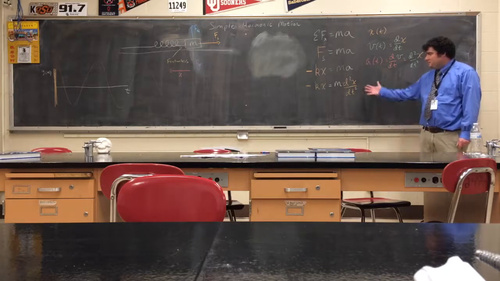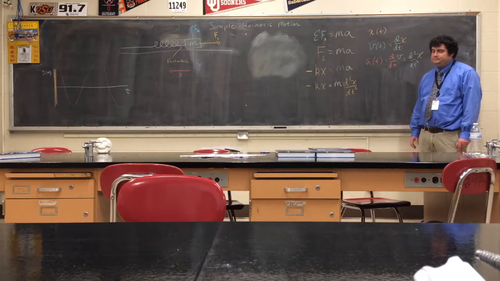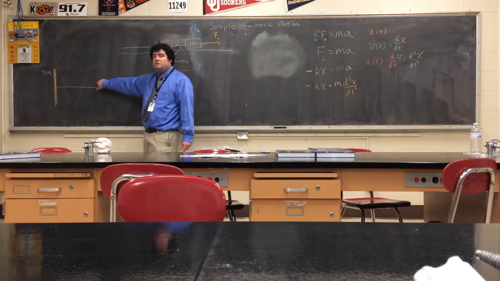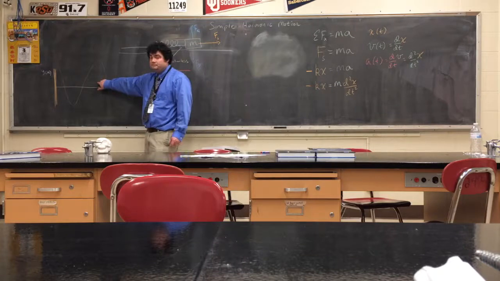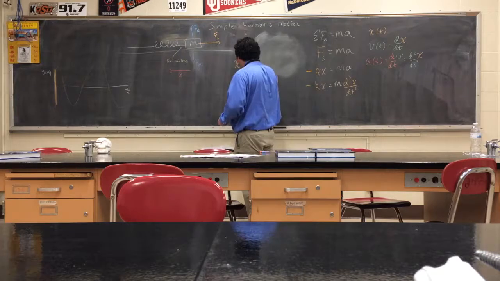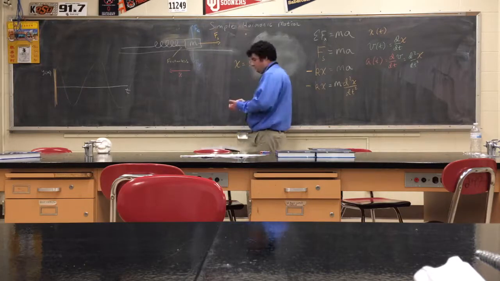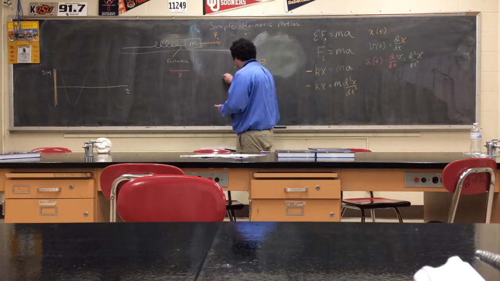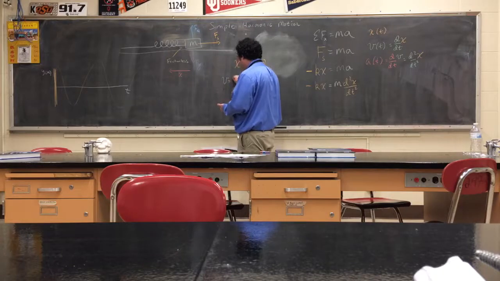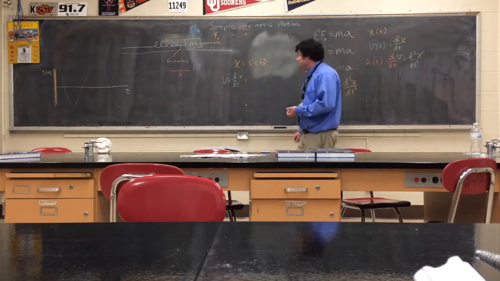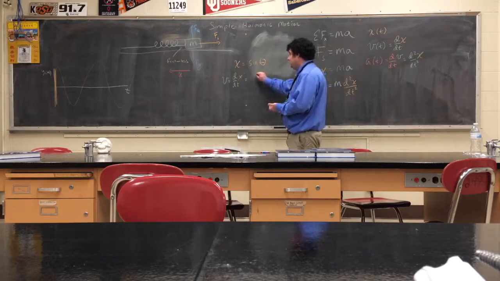So what kind of functions is this true for? That's what gets us back to the idea that sine and cosine might have something to do with it. If you have x equals sine theta, v would be dx dt, and we know that the derivative of sine is cosine.